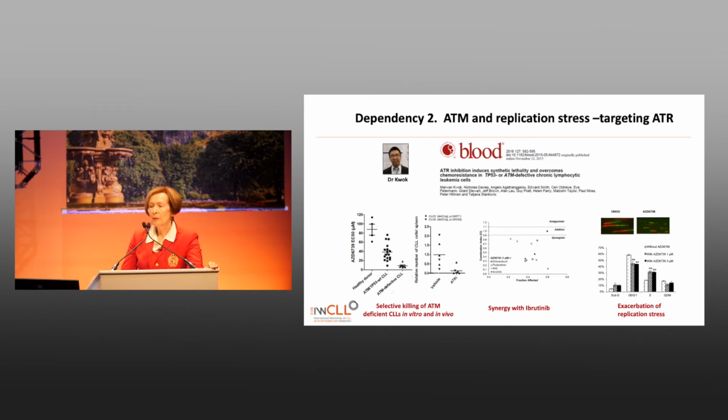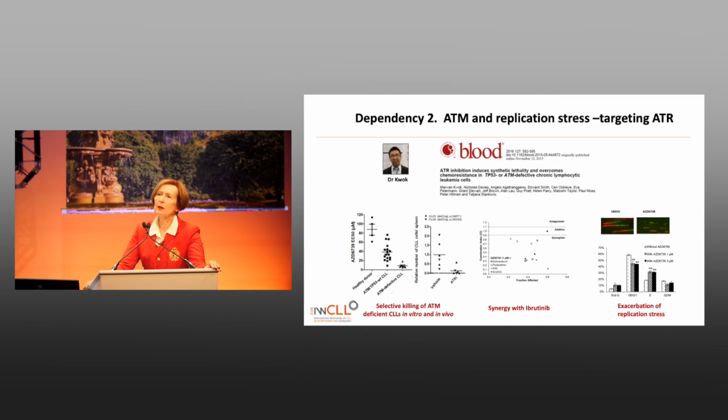And interestingly, we also observed synergistic killing with ibrutinib by virtue of the fact that ATR inhibitor and ibrutinib target different cellular populations. So this synergy is subject to a clinical trial that is currently ongoing in the UK for refractory CLL.